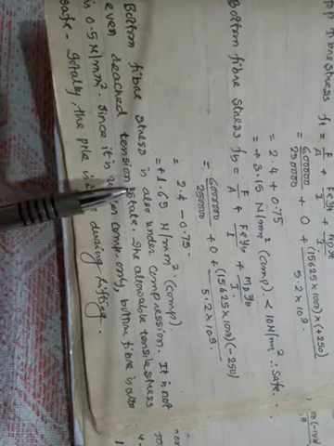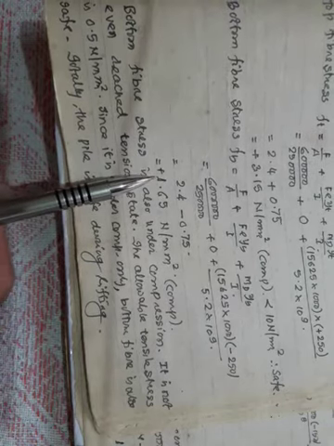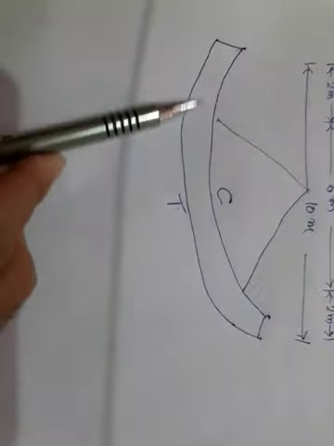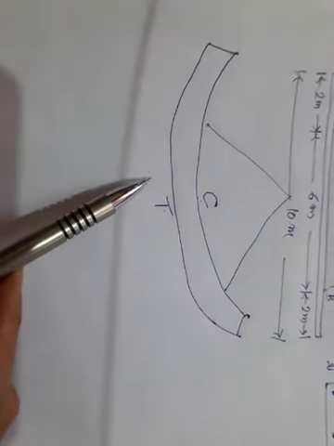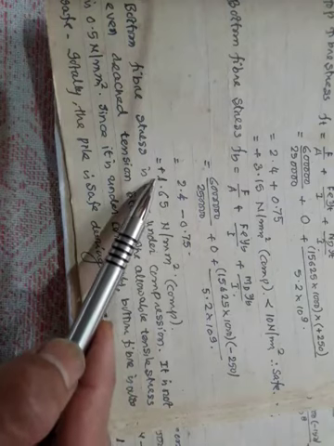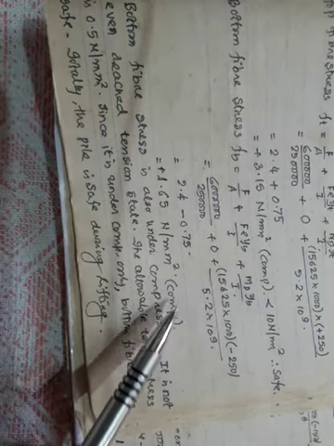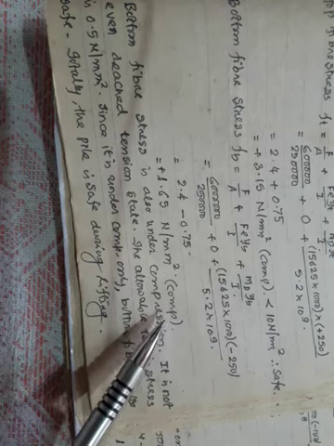The plus sign indicates compression. Whenever you are lifting, the bottom fiber is under tension, but here the plus sign indicates it is still in compression. It has not yet reached the stage of tension.